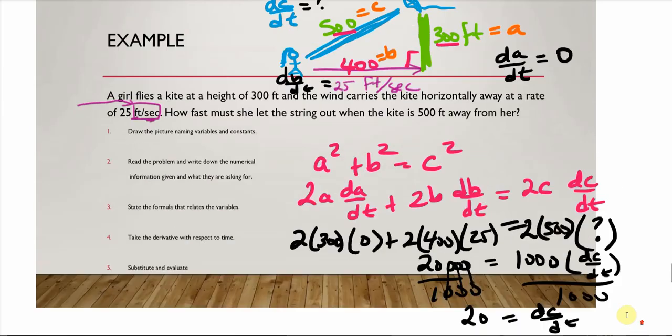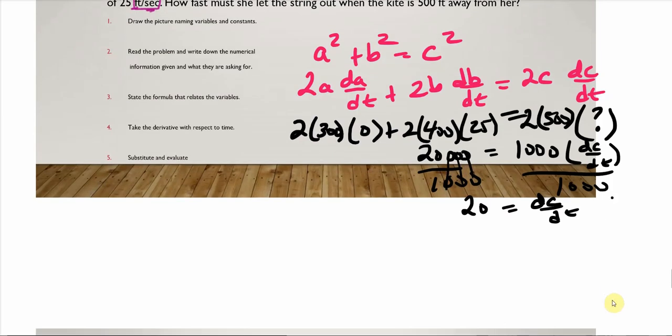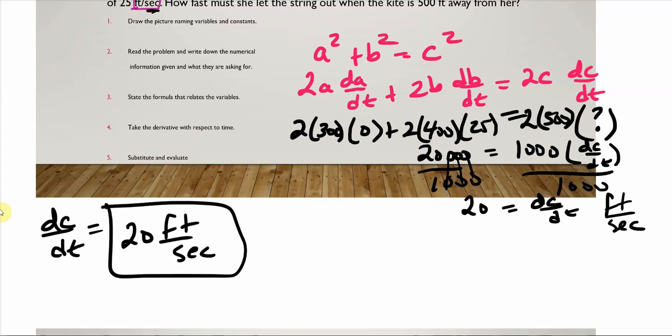In this case, we're talking about feet. So dC/dt is going to be in feet. And what is the unit of time? Well, the other one was telling me that it was 25 feet per second. So in this case, it's going to be feet per second. So the answer here, dC/dt, is going to be 20 feet per second. And this is my answer.